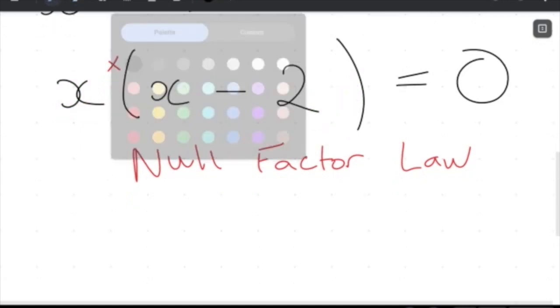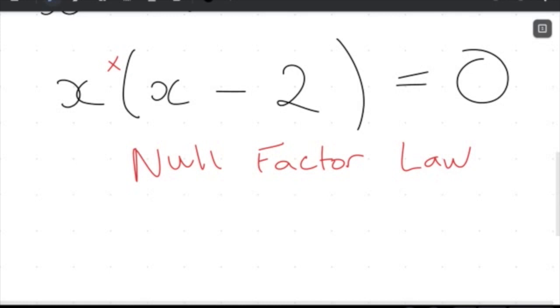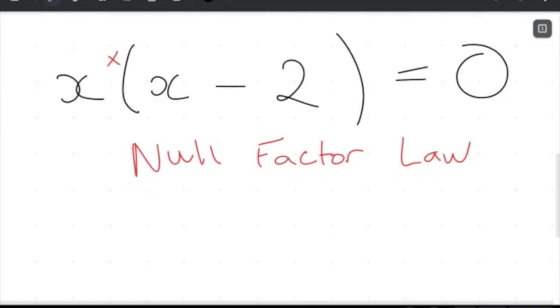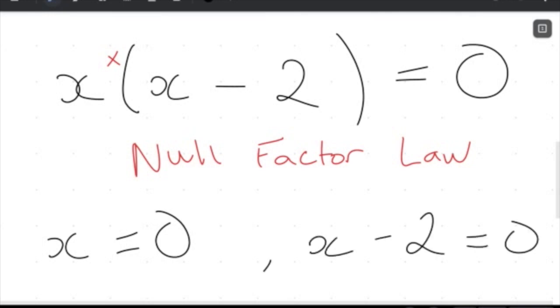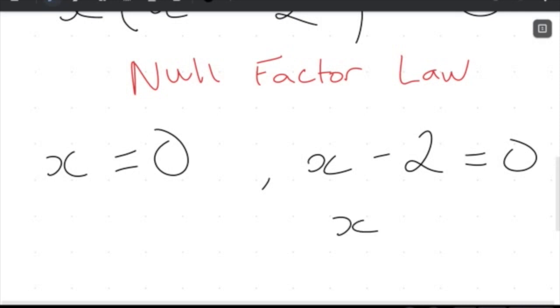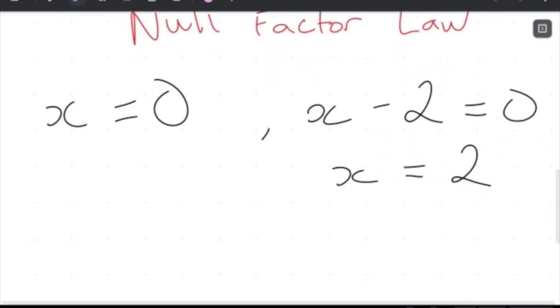Therefore, I'm just going to go through this quickly because we should already be comfortable with this. One of those is x equals 0 and x minus 2 equals 0. And solving the second equation for x, a value of x that makes x minus 2 equal to 0 is going to be 2. Because 2 minus 2 equals 0. Now, those are my two solutions.